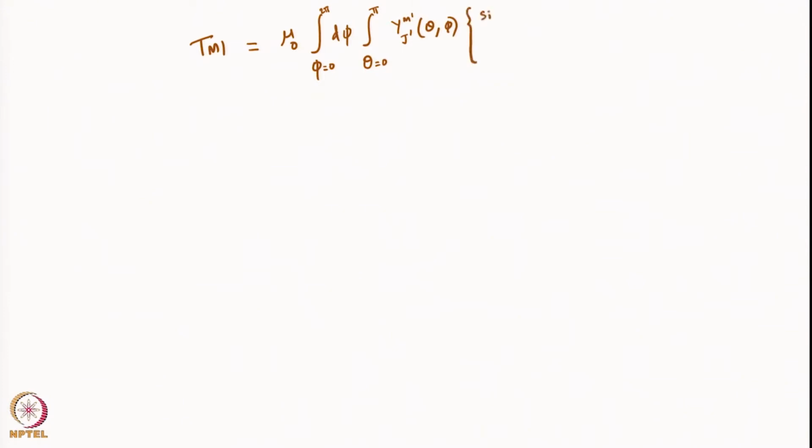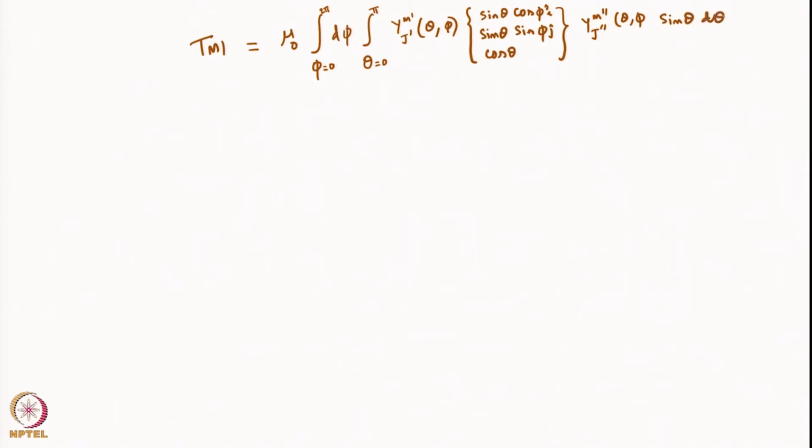One will be sin theta cos phi. Okay, there is an i, but i is inconsequential. Sin theta sin phi j and cos theta, whole thing multiplied by Y_J''M'', sin theta d theta.